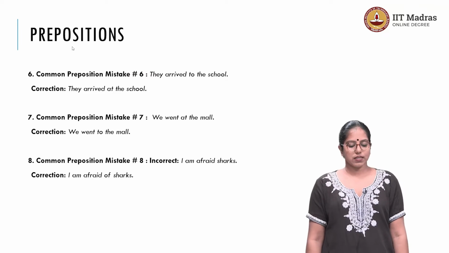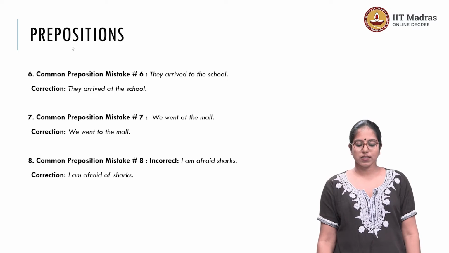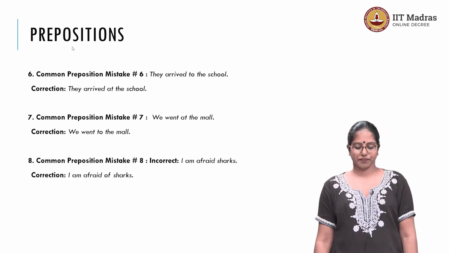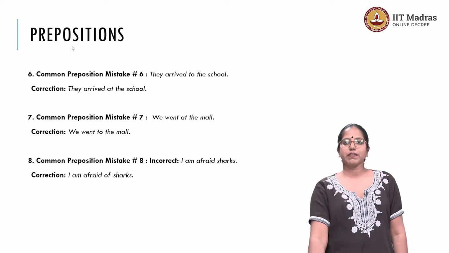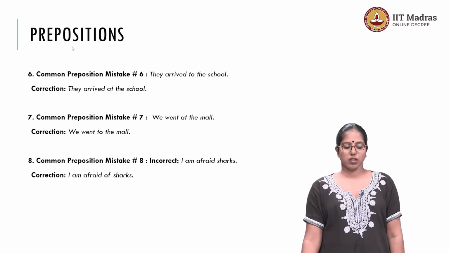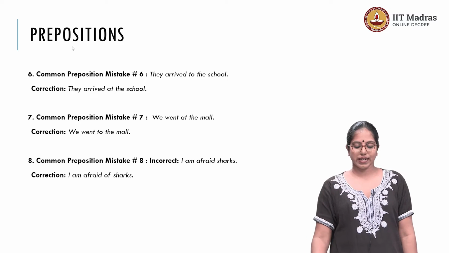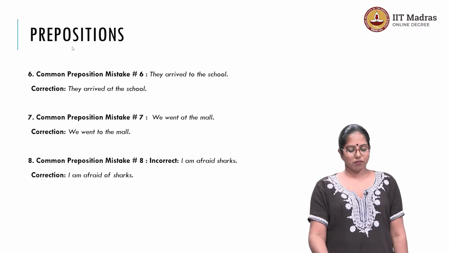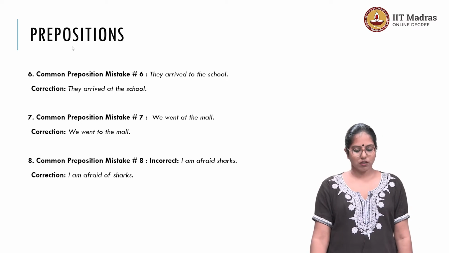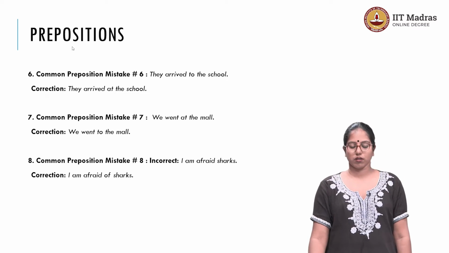The next sentence is, they arrived to the school. The right answer is, they arrived at the school. So, arrived is always followed by the preposition at. You say arrived at, you don't say arrived to. Okay. Similarly, seventh sentence, if you see, it is, we went at the mall.